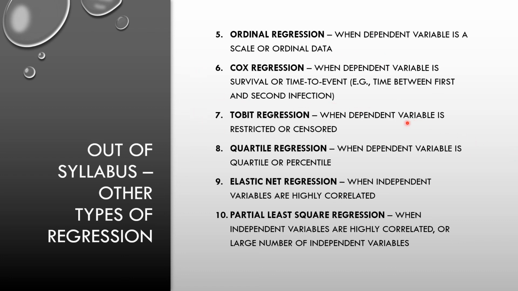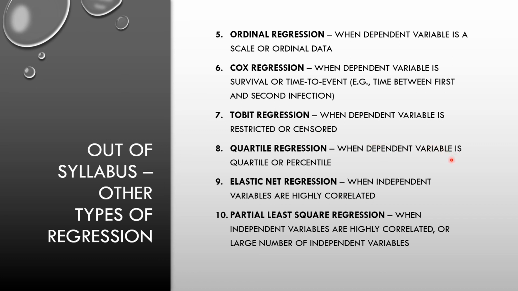Tobit regression is very similar to Cox regression, except that the dependent variable is restricted or censored. For example, you're trying to find the time between first infection and second infection, but within your study period there could be patients who never got the second infection. So you just remove them. You are censoring the data. Those are called censored data, and Tobit regression will be quite useful here.